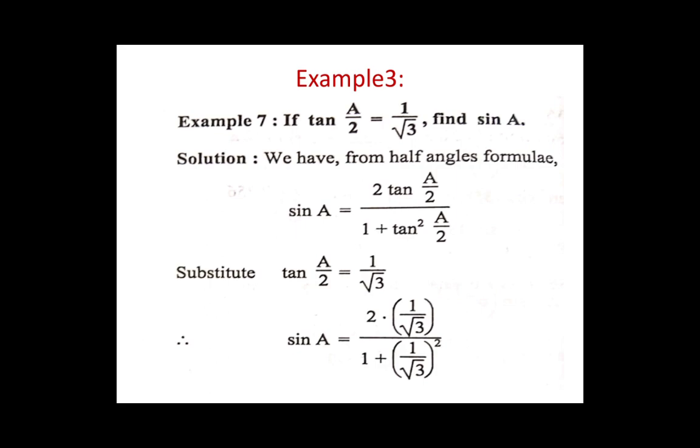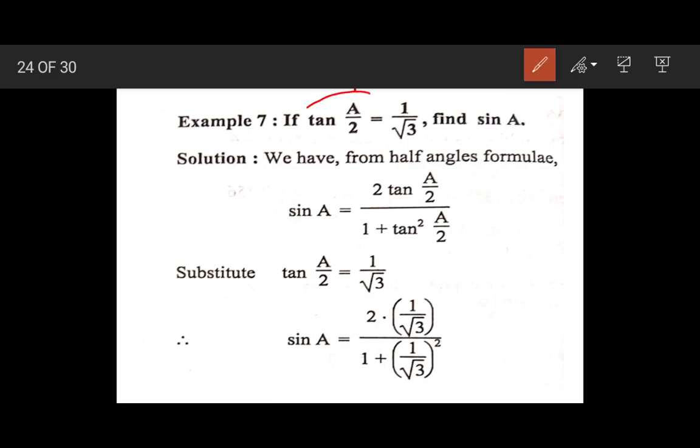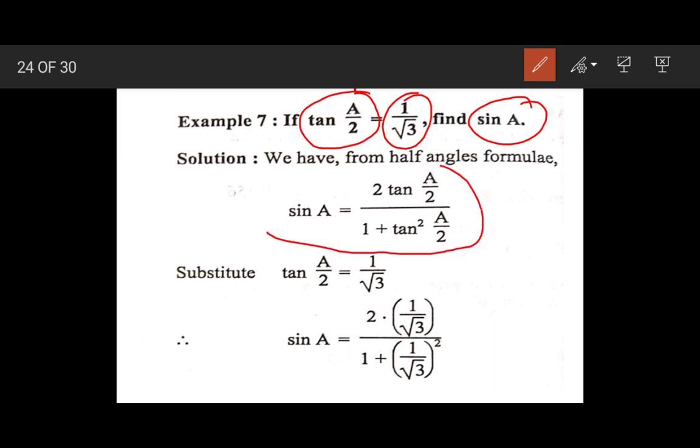then one more example. Here tan A upon 2 is given. Okay, what is given? Tan A upon 2 is equal to 1 upon root 3, and question is find sin A. Okay, so we know that sin A, half angle formula. Okay, sub multiple angle formula.